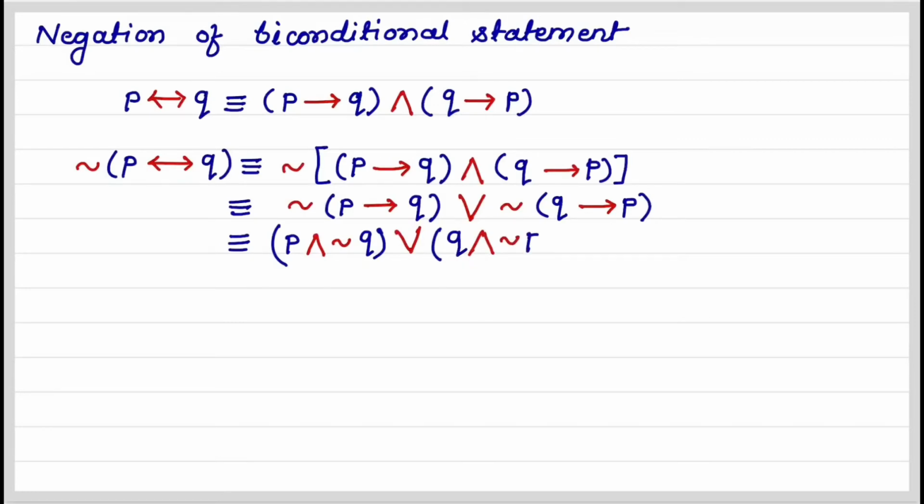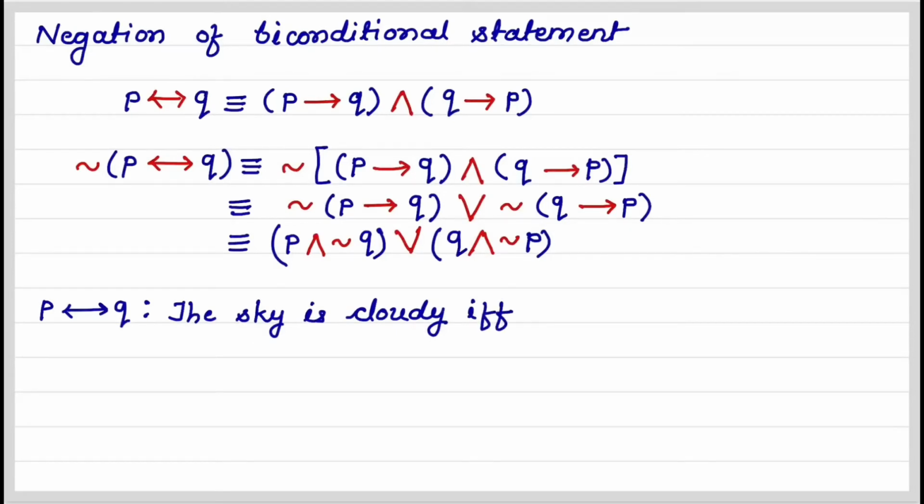This is the negation of the given biconditional statement. You can verify this again with a truth table. Try for yourself. We will see examples to understand more.